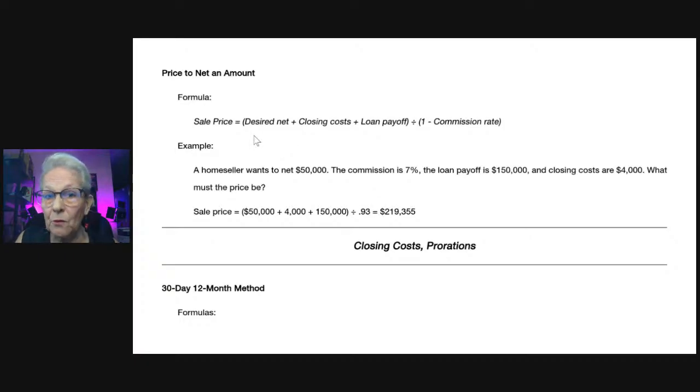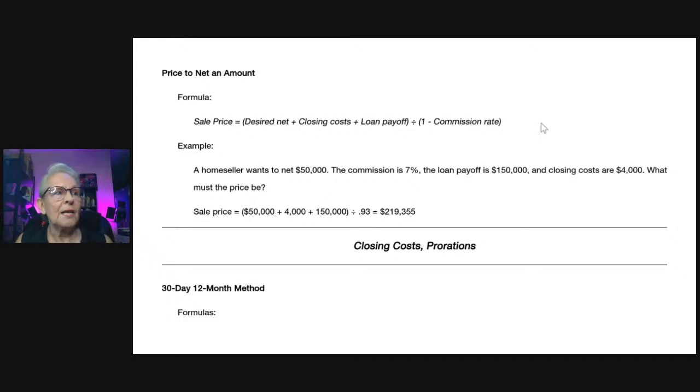That'll be a question we ask them as a listing agent: what would you like to net out of the sale of your property? Plus the closing costs, plus any loan that they have to pay off, divided by 1 minus the commission rate. So 1 being 100% minus a 7% commission rate ends up being 93%.